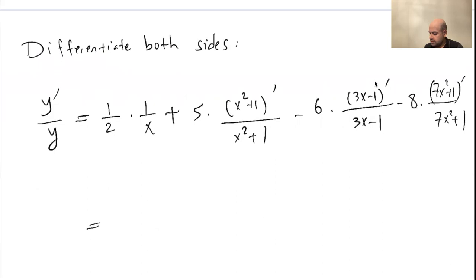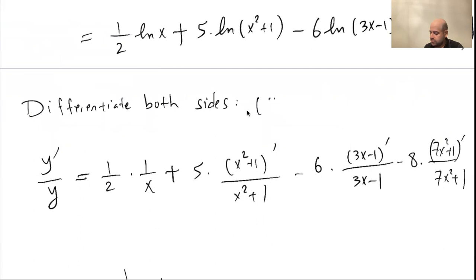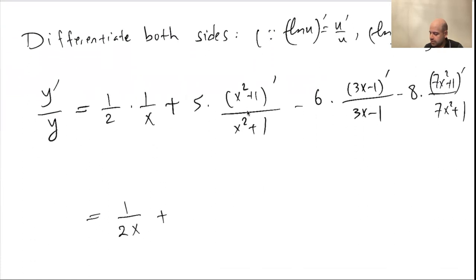So basically here we use two facts: ln u derivative is u prime over u, and ln y derivative is y prime over y. Okay, so these are the formulas we have used here.